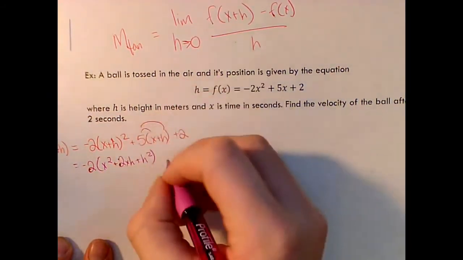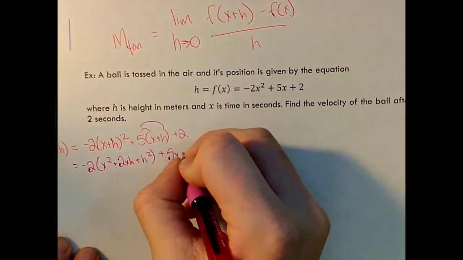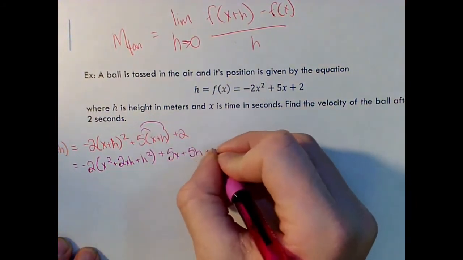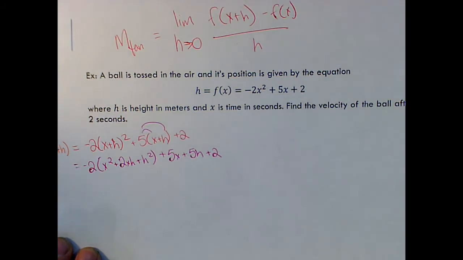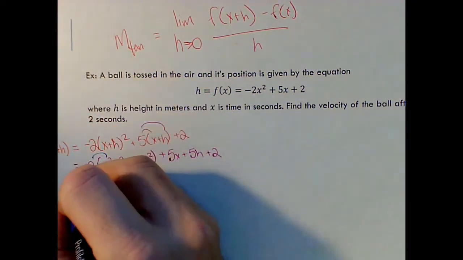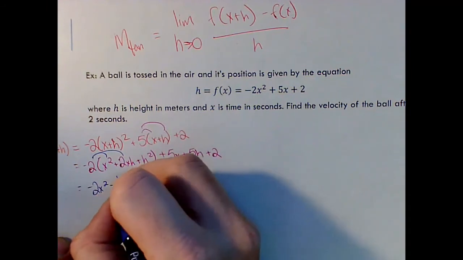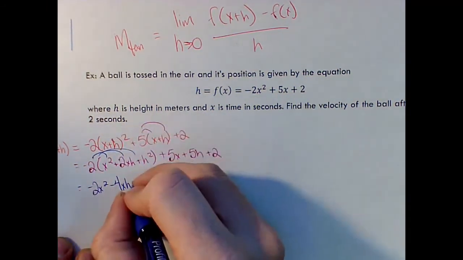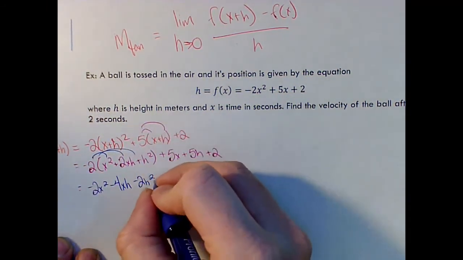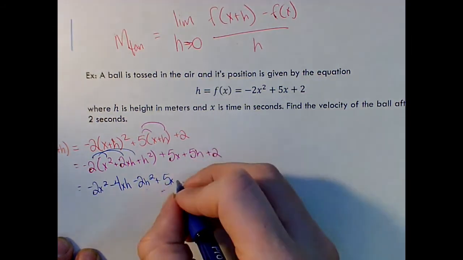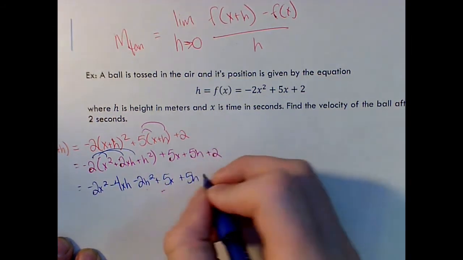I can distribute that guy, and plus 2 is just kind of hanging out. I can distribute that and get negative 2x squared minus 4xh minus 2h squared plus 5x plus 5h plus 2.